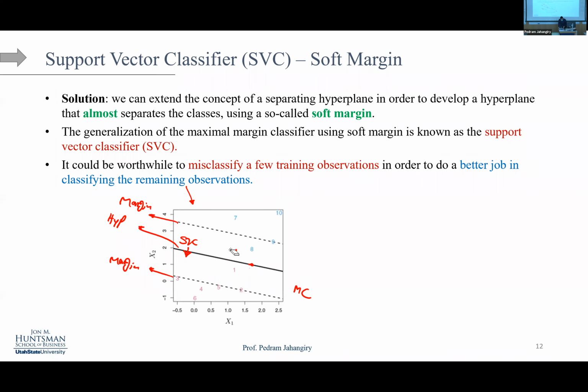So you see, if I use MMC, the support vectors are going to be 1 and 8, but at the end of the day, it's going to be super sensitive to the position of the support vectors. Because you have only 2 support vectors in that optimization problem, it's going to be super sensitive to their position, right? In other terms, we're going to say that MMC is going to overfit the model.